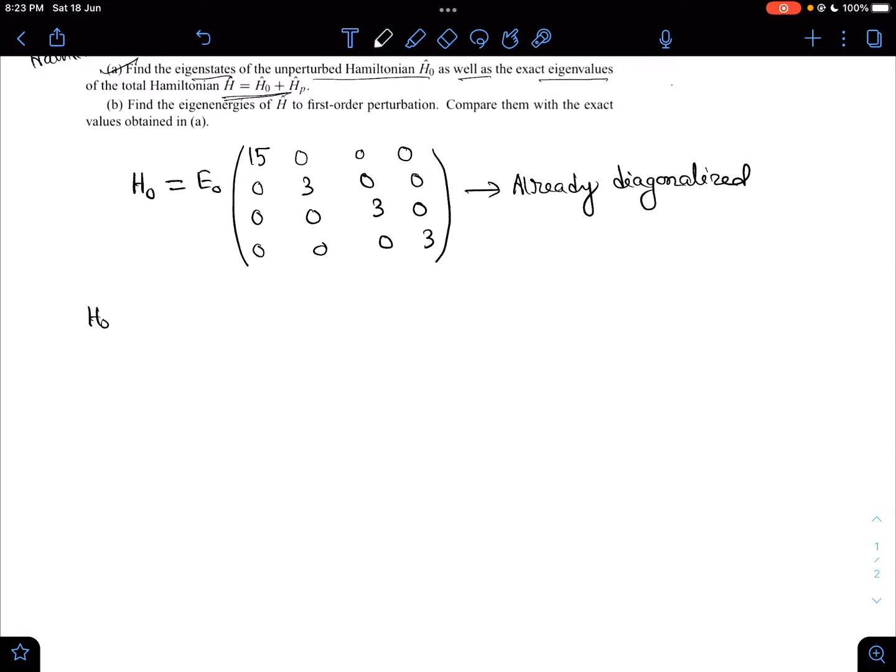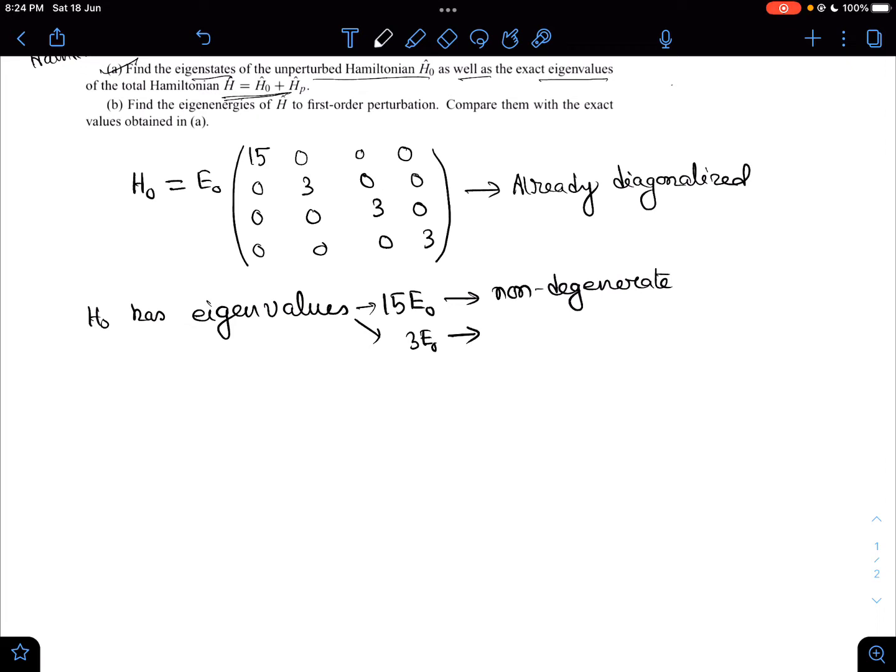So what are these eigenvalues? H0 has eigenvalues: one is 15 E0, which is non-degenerate, and the other is 3 E0.